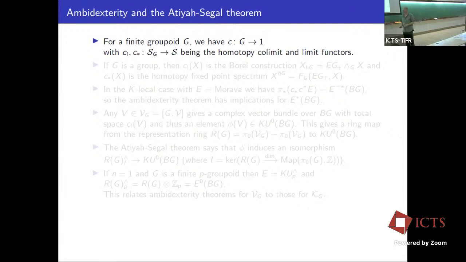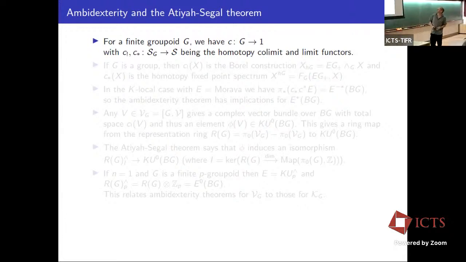As we'll explain a bit later, we've said various things about an arbitrary functor of finite groupoids Q from G to H. But almost any question that you might have about the left and right adjoints Q shriek and Q star for that Q can be reduced to questions about these homotopy limits and colimits by the Kahn formula.